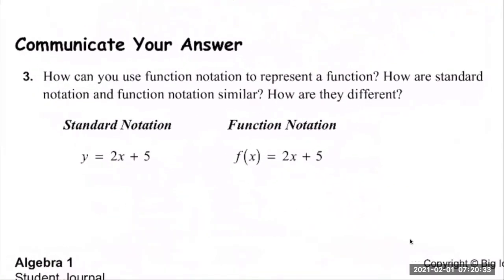All right, so this is the big point we're trying to get across here. How can you use function notation to represent a function? How are standard and function notation similar? How are they different? So the big thing that makes them the same is it's representing the same equation.